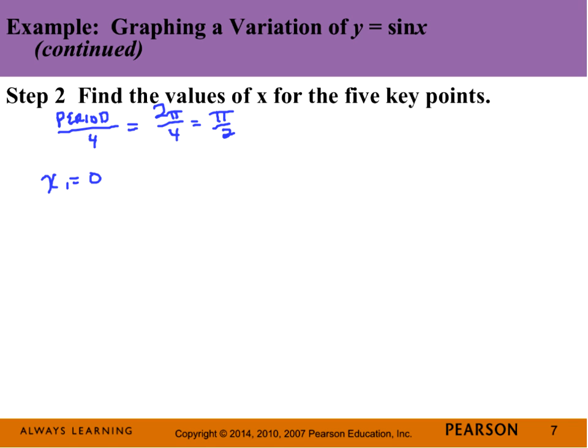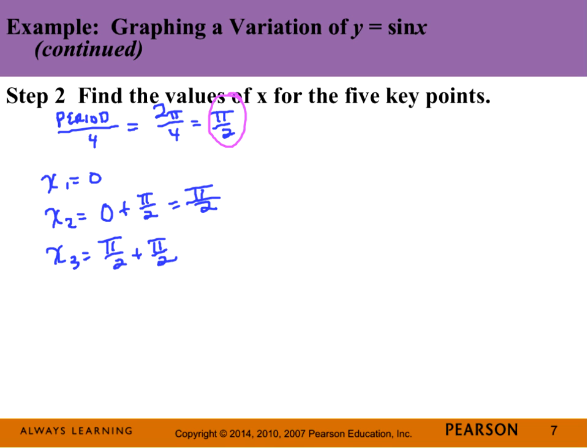So we're going to start at 0. So we have our first x value at 0, which means x2 is equal to 0 plus pi over 2. So that leaves us at pi over 2, which is where we start our next x value. x sub 3 is pi over 2 plus pi over 2. I'm sorry, I didn't indicate where I'm getting that pi over 2.